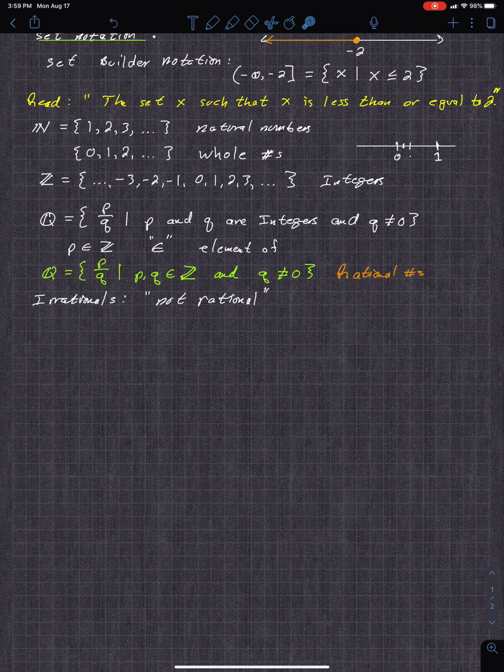So if it can't be written as a fraction, then it's irrational. Okay, so that's one way to think of them.